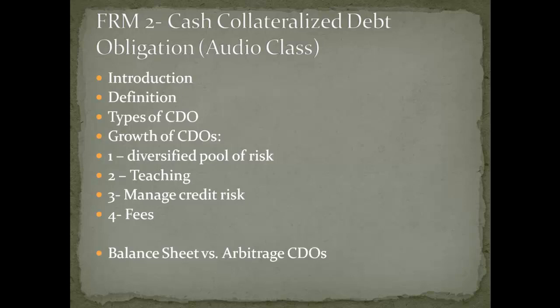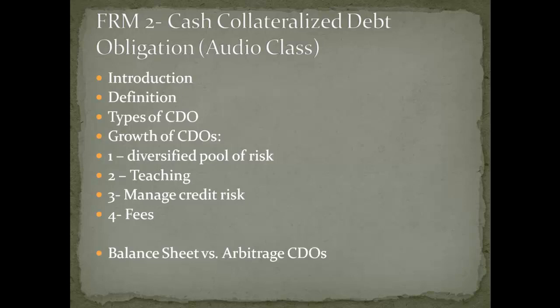So let's start with what CDO means. CDO is a general term for asset-backed securities that are issued and pay an interest part and a principal part from a collateralized pool of debt instruments. The generic name CDO implies that the underlying collateral is comprised of a collection of debt and loans.